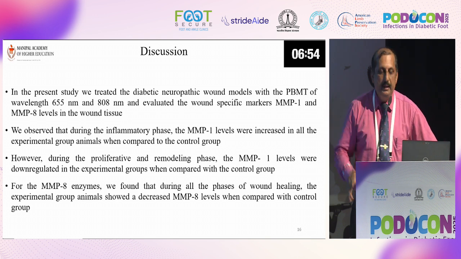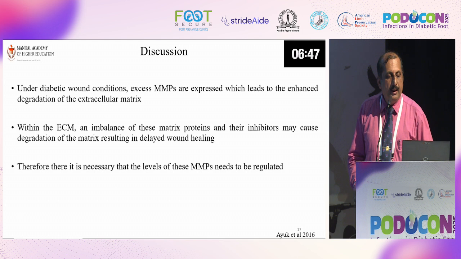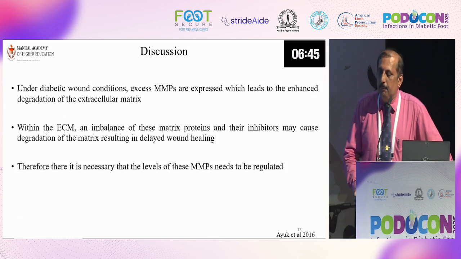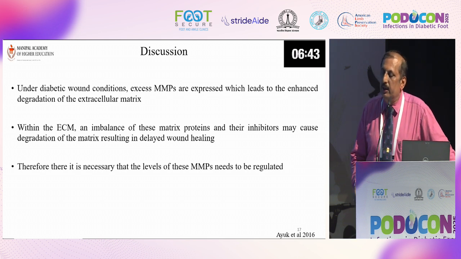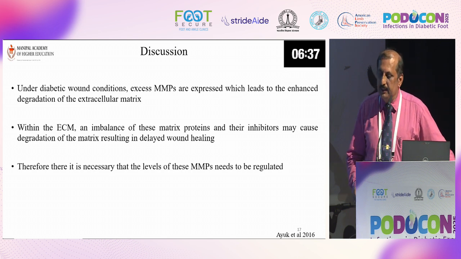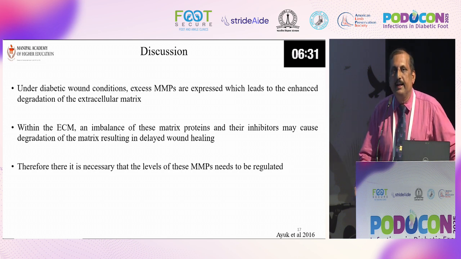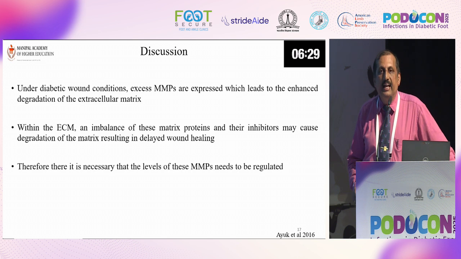Thereby, it helped in improving the wound earlier as compared to the control group. Under the diabetic wound condition, excess MMPs are expressed, which leads to enhanced degradation of the extracellular matrix. An imbalance of these matrix proteins and their inhibitors may cause degradation of the matrix, resulting in delayed wound healing.